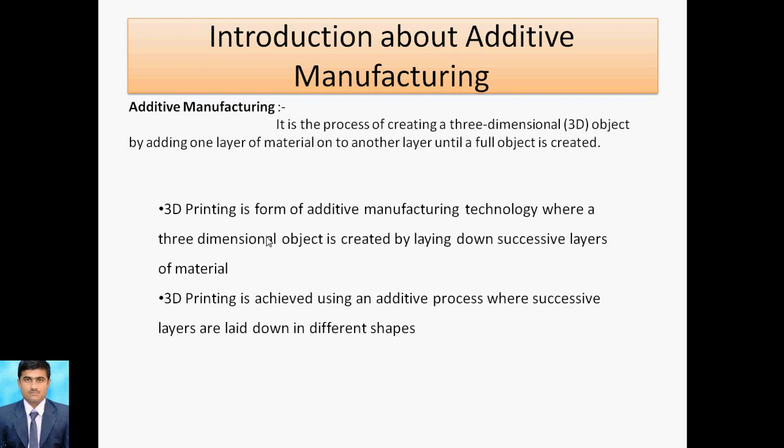This is the methodology for forming an additive product. It differs from subtractive manufacturing because in subtractive manufacturing we have to remove the material, but in additive manufacturing we can add the material and finalize the product. So this is the best scenario regarding additive manufacturing.